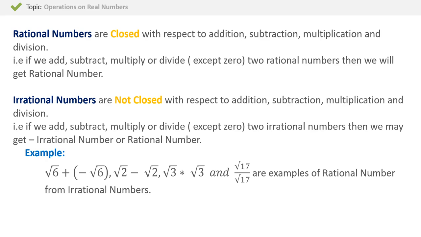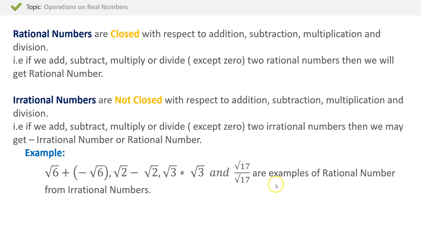Let's take some examples. If you try to add square root of 6 and minus square root of 6, what you get is 0, which is a rational number. Similarly, when you subtract square root of 2 from square root of 2, you get 0, which is also a rational number. If you multiply square root of 3 by square root of 3, you get 3, which is rational.